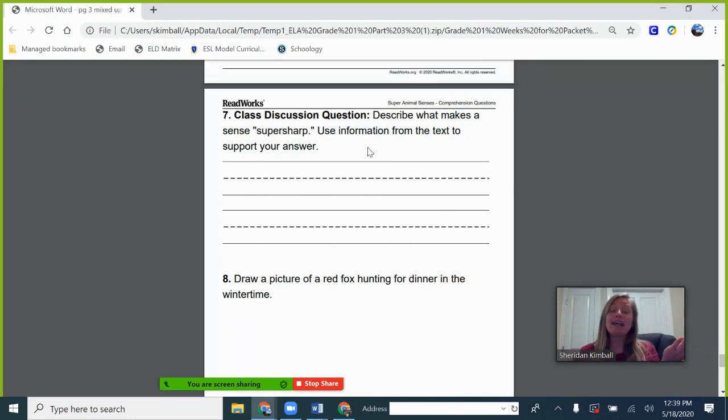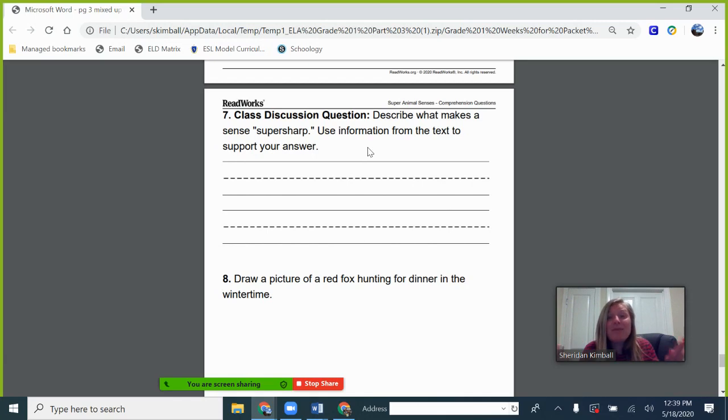When we are making our choices for our answer, we're going back up into the reading, finding the answers, and then writing it down. A nonfiction book is telling you facts of information. So it's really important that you go back into the reading to find the correct answer. Just like Miss Kimball talked about earlier, it says describe what makes a sentence super sharp.